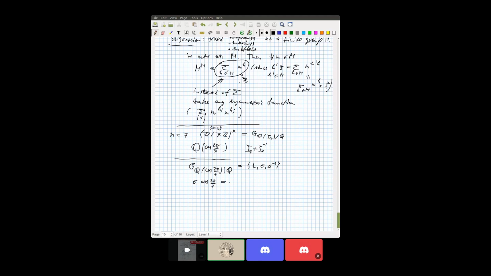Perhaps it's a cosine of 4 pi over 7. Yeah, that's right. So it's like squares, in the square residues modulo 7.